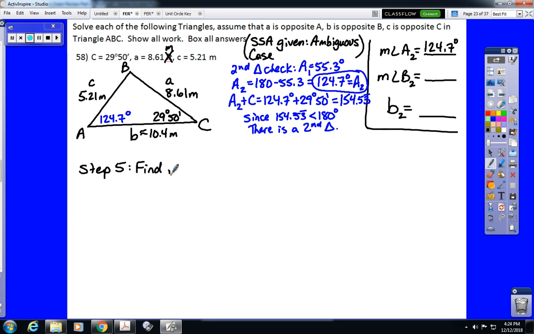We are finding the measure of angle B2, which would be 180 minus 124.7, which is A2, and 29 degrees 50 minutes, which is still the measure we were given for angle C. So we just have to feed to the calculator 124.7 and 29 degrees 50 minutes.